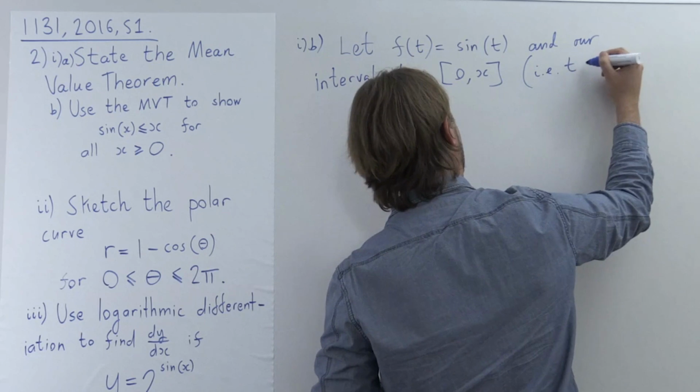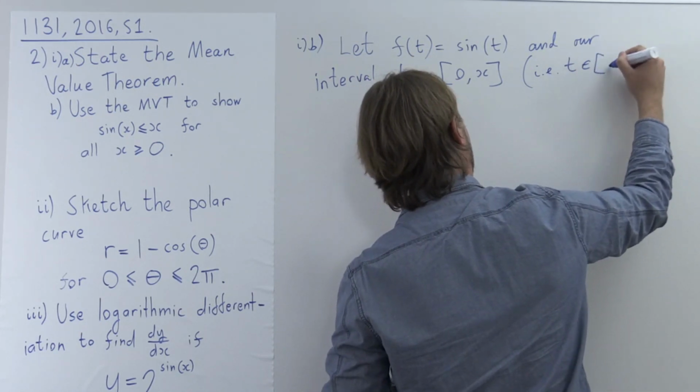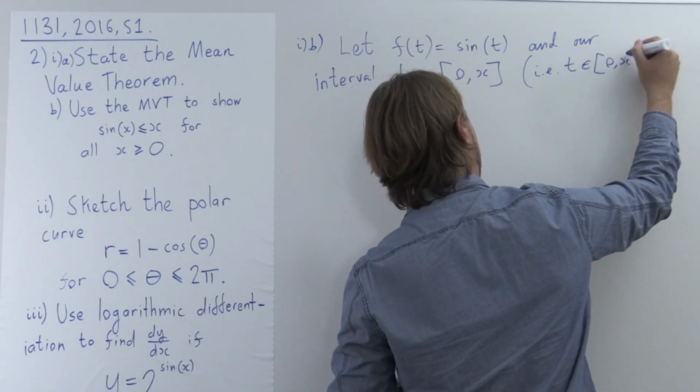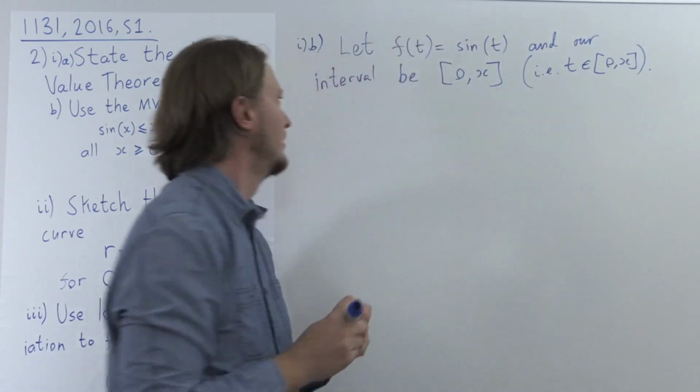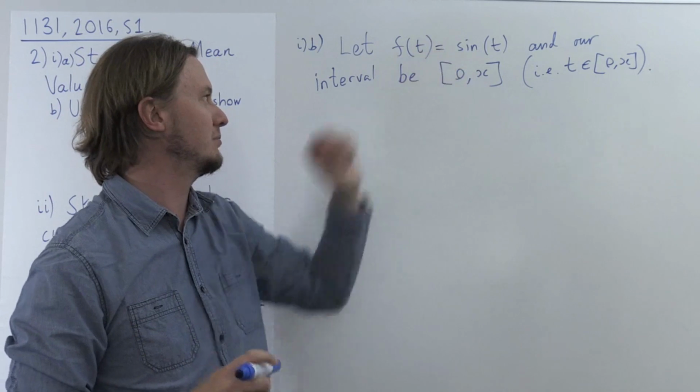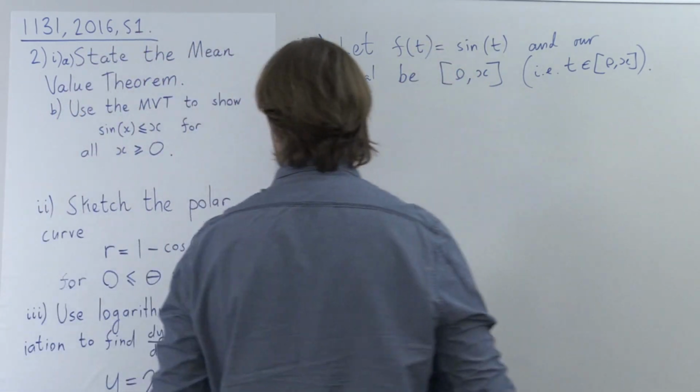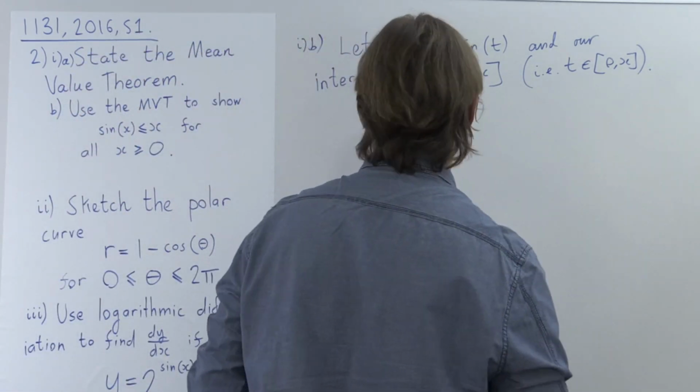So I'm only really considering t values in this interval. This is my a, this is my b, and this is my function. So what does the mean value theorem say here?